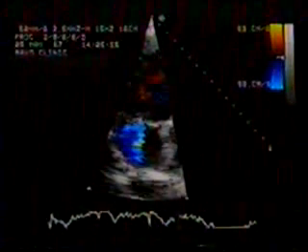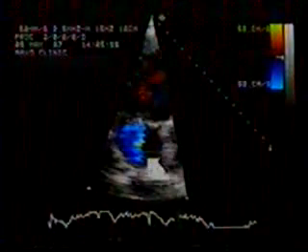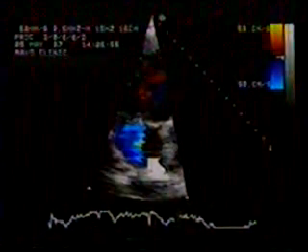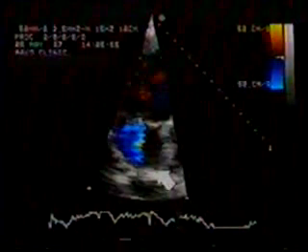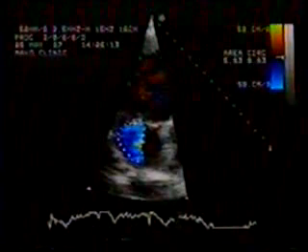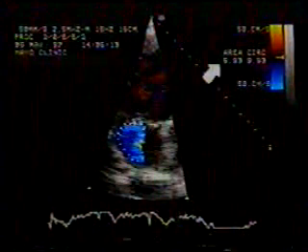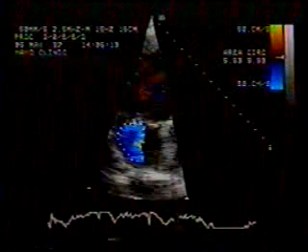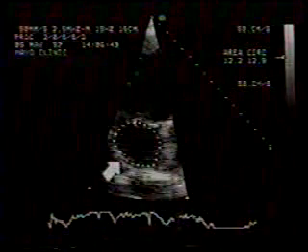Finally, we have moved to the apical four-chamber plane. The regurgitant jet is most impressive in this plane, so we will use the regurgitant jet area to left atrial area ratio in this plane to determine severity. The jet has been traced and measures 5.83 centimeters squared. With color subtracted, the left atrium has been traced.